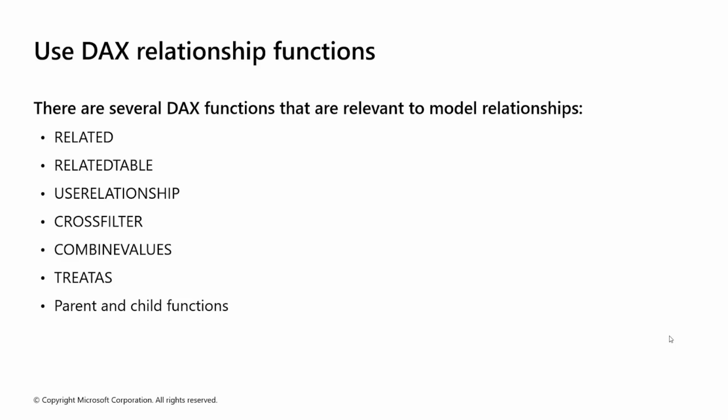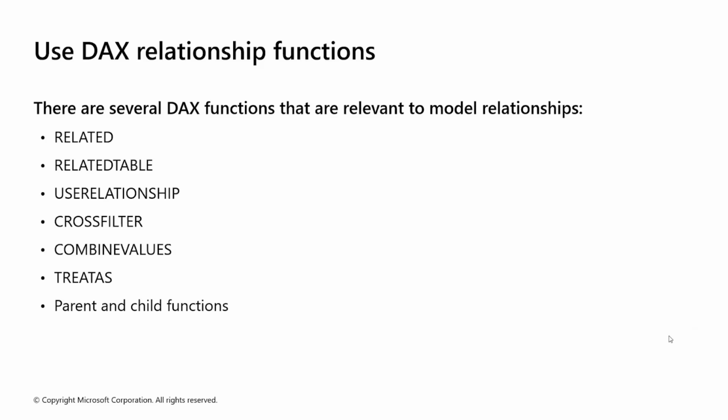Then we have CROSSFILTER. This function either modifies the relationship cross filter direction to one or both, or it disables filter propagation, none. It's useful when you need to change or ignore model relationships during the evaluation of a specific calculation.